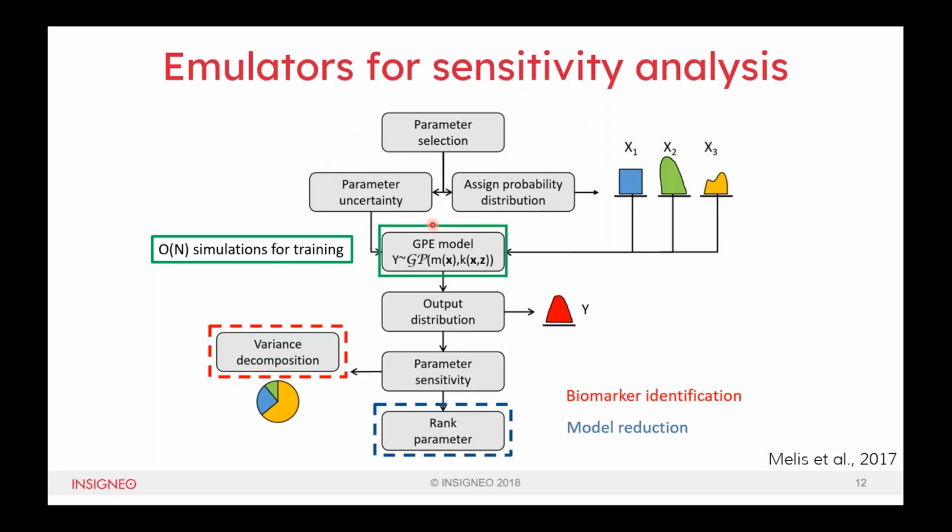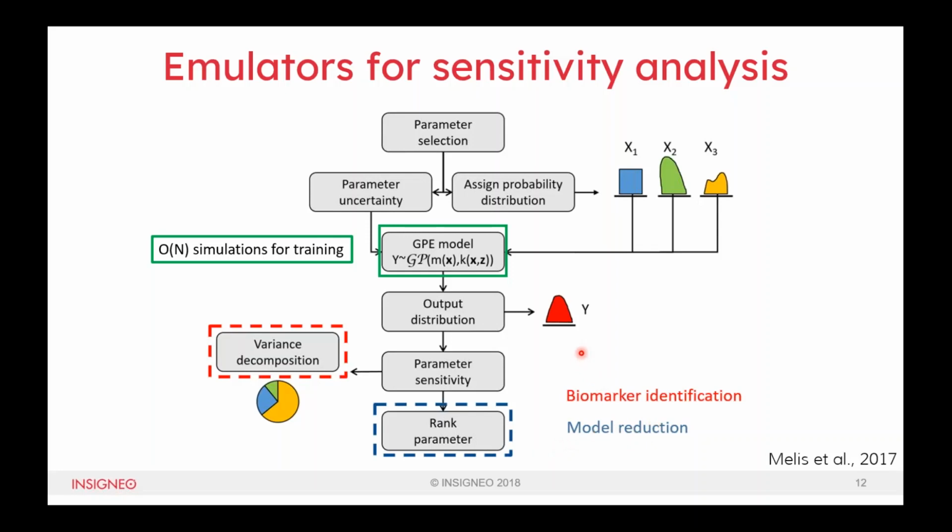Once you run the model, you can train the Gaussian process emulator to emulate the output distribution, and you can then perform the sensitivity analysis for decomposing the variance. We will see how the variance decomposition is associated with the task of identifying biomarkers. Or you can rank the parameters and perform a model reduction.